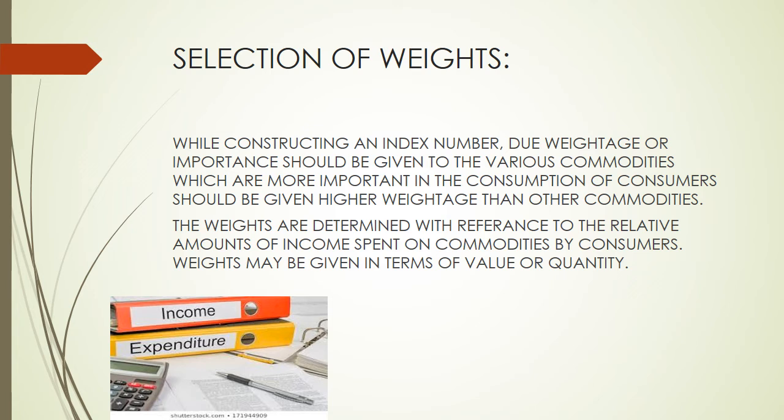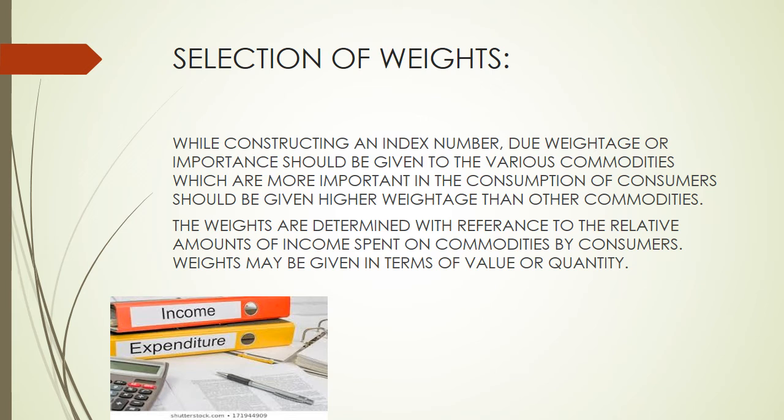So the importance should be given to the commodities which are highly used by the consumers, which are most consumed by the consumers. In this case, we shouldn't select luxurious goods because the maximum number of consumers are not using luxurious goods. So we have to go with the basic commodities.